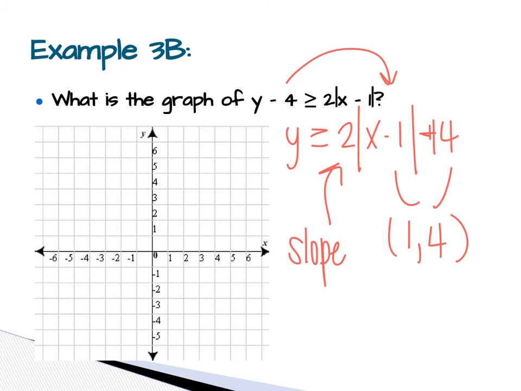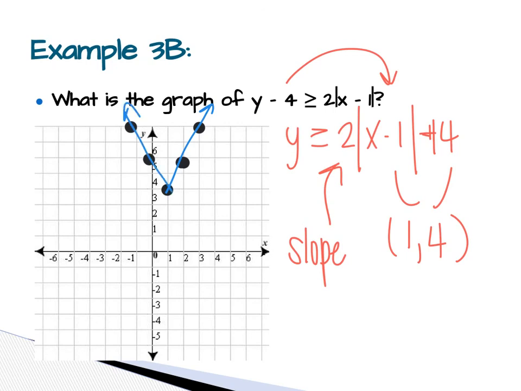So my vertex is 1, 4, so I'm going to write 1 up 4, put a point. My slope's going to be 2, so it's 2, 1, 2, 1. On the other side, up 2, left 1, up 2, left 1. Now you have your inequality. It does need to be a solid line. So I'm going to graph my inequality.